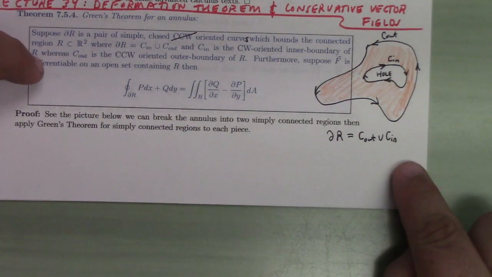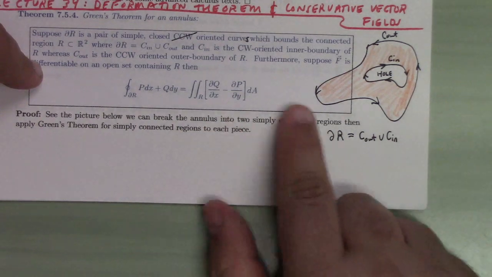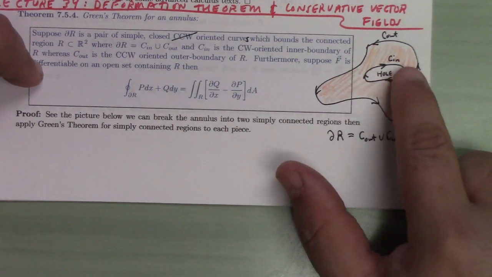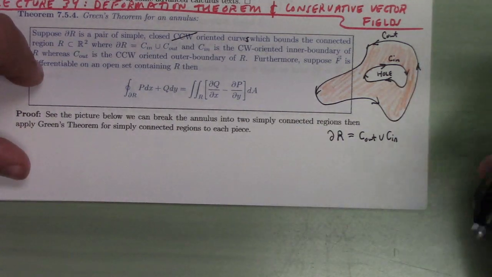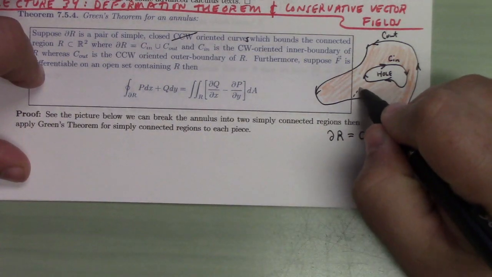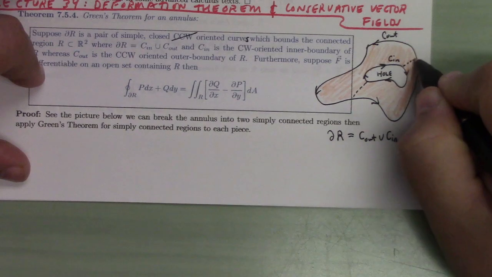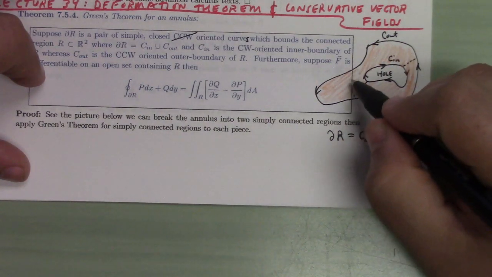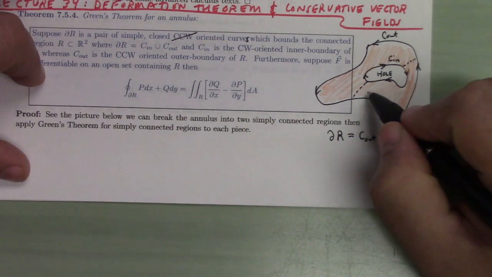And it turns out that you can prove Green's theorem for an annulus like this by just taking the annulus and cutting it into two pieces. If you cut it here, and here, then this part and that part would separately have no hole, so those would be simply connected.